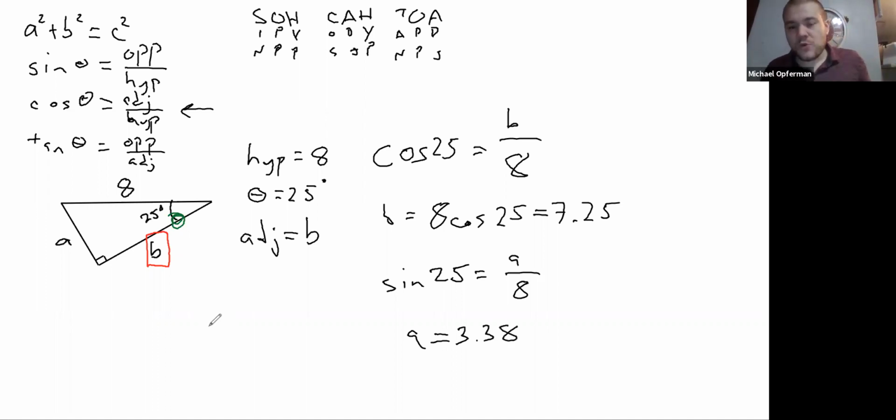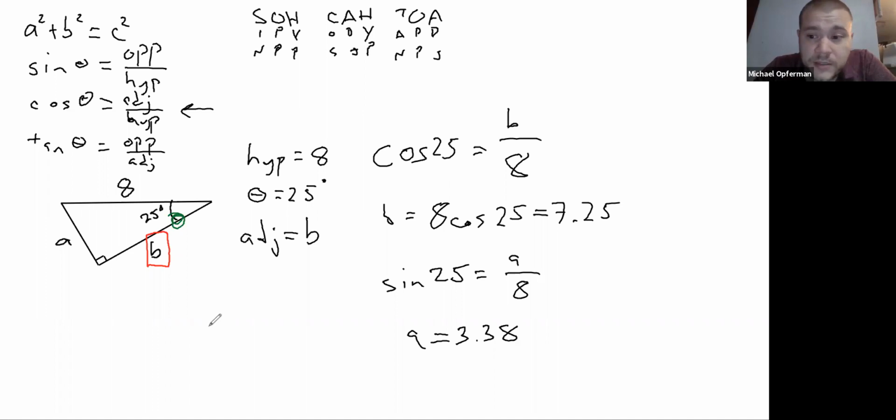Or if you know side B already, you could plug into tangent if you prefer, or the Pythagorean theorem. I would recommend solving things right from the known information if you can, so that if you make a mistake, the mistake won't cause all of your other answers to be wrong. Anyway, that's how you handle it.